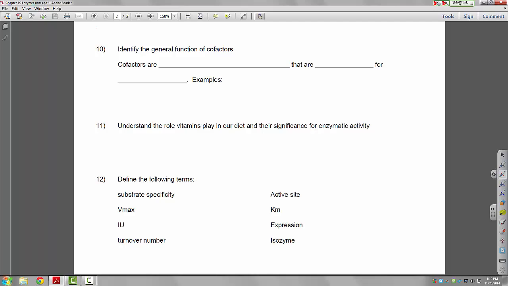Alright, the general function of cofactors. I did talk briefly about cofactors. These are small molecules or ions that are required for enzyme function. An example could be the magnesium ion, or the iron ion, or maybe cobalt.